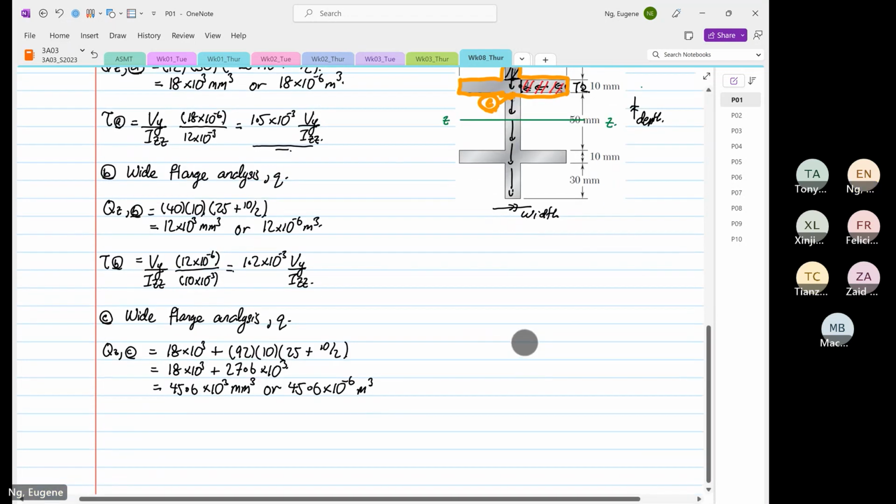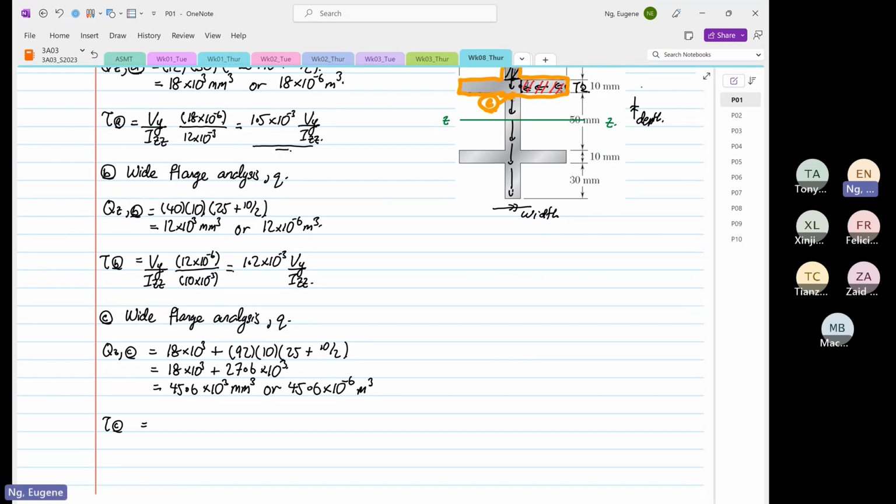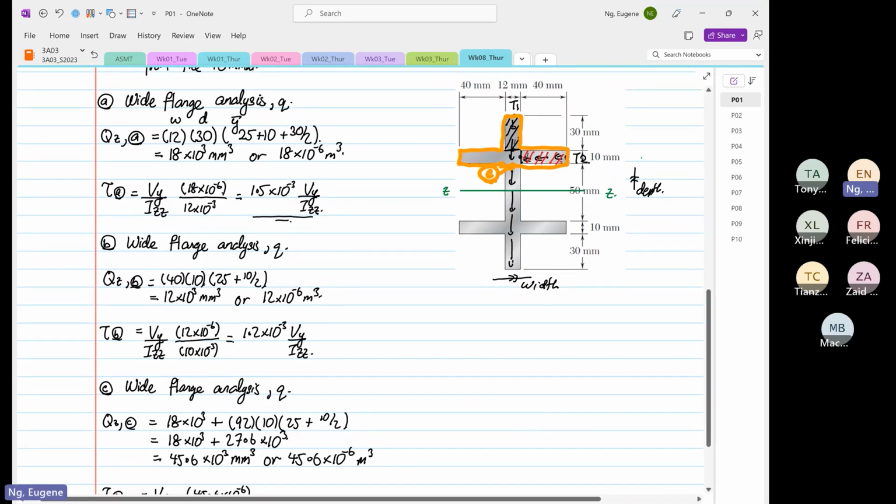Okay. So the shear stress at point C will be equal to Vy over Izz, right? 45.6 times 10 to the power minus 6. And then now the thickness, you're going to take the smallest thickness over here, right? So the thickness now is in fact 12 millimeters, not 10 millimeters or 92, okay?